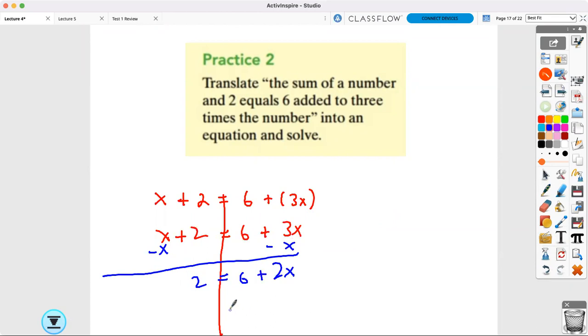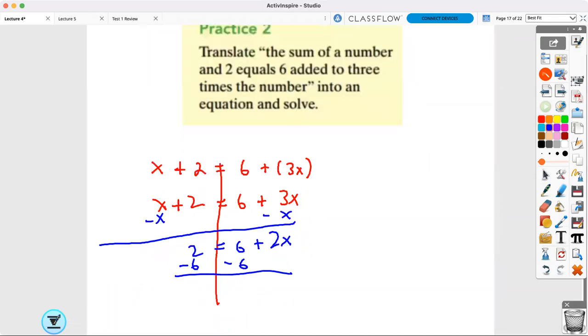And then I subtracted the 6 from both sides, which gave me -4 on the left, and then equals 2x. And then I divided on each side by 2, which gave me -2. Excellent job.